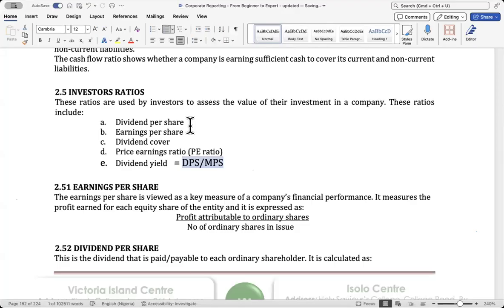Dividend yield is a better measure than dividend per share, because with dividend per share, we just look at the nominal dividend a company gives to its shareholders. I mean, when you see company A paying a dividend per share of, say, 4 naira, and company B is paying, say, 2 naira, obviously, looking at that nominal or absolute value, you will say the one paying 4 naira is better.